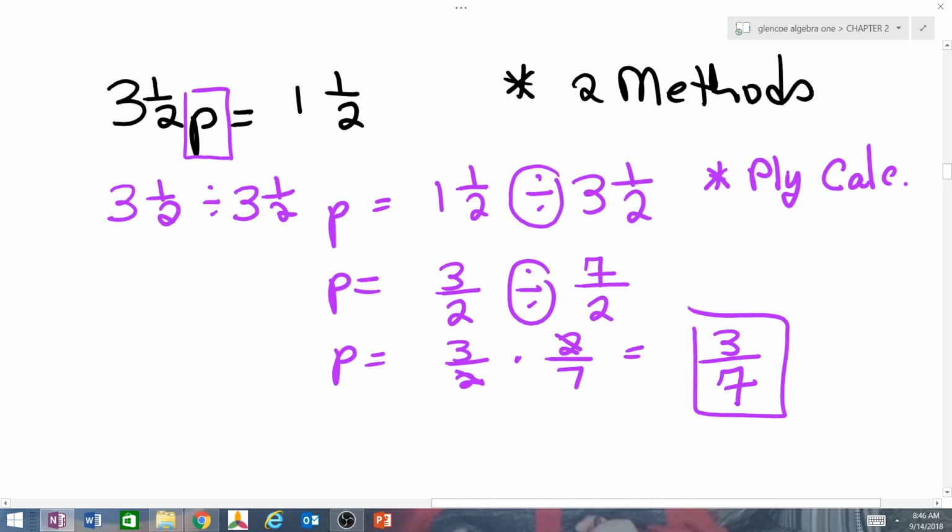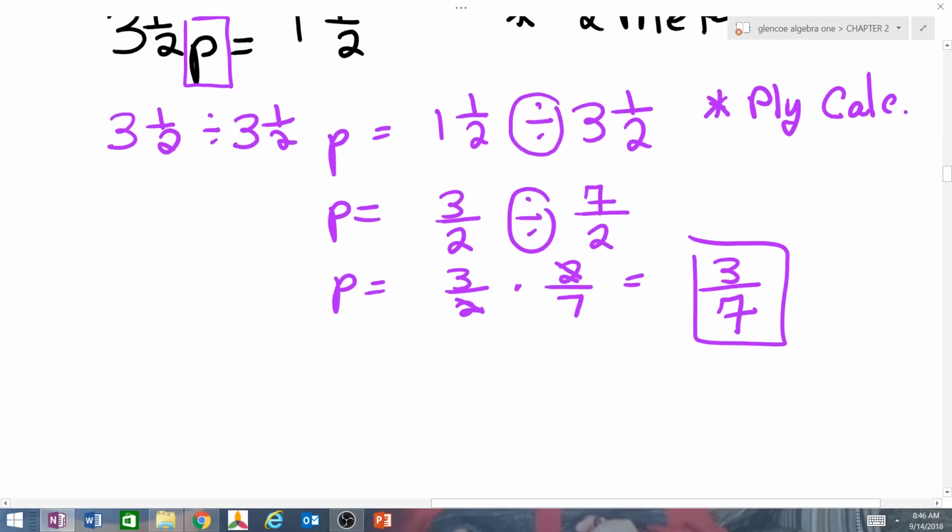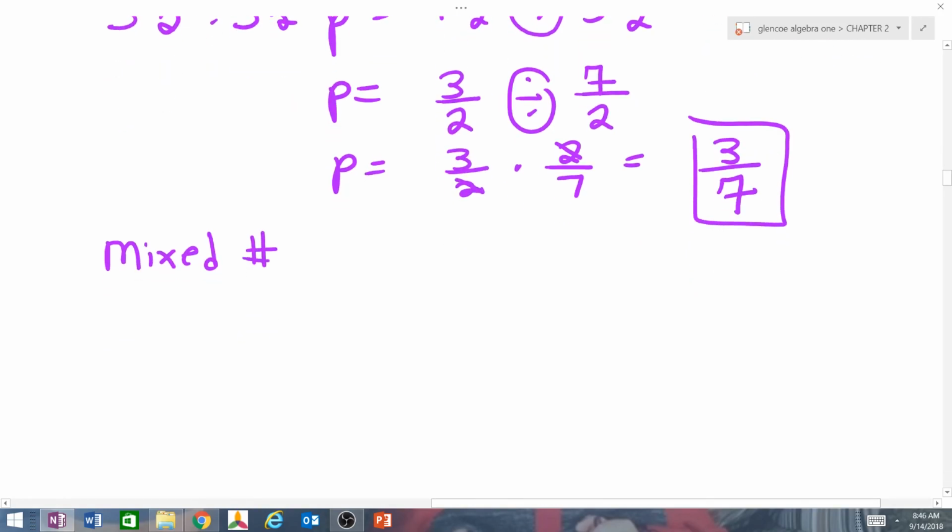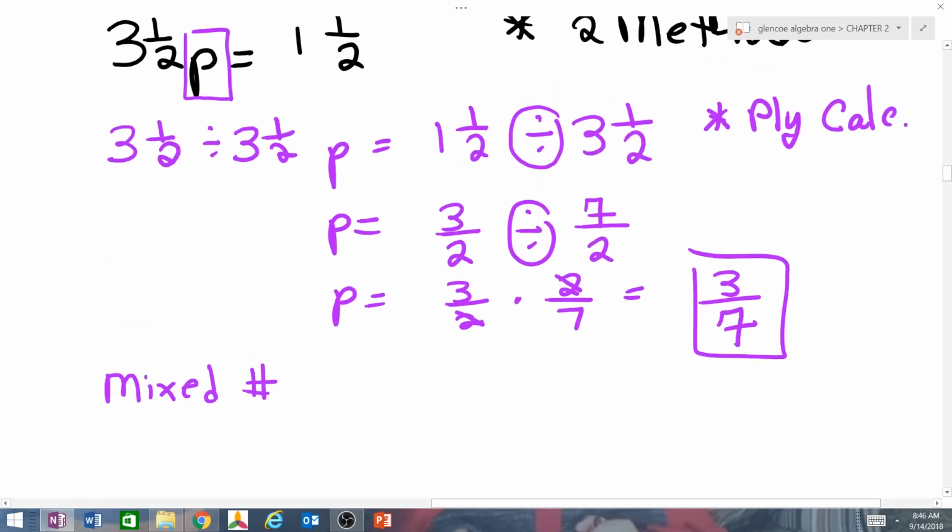Does everyone know how to do that on their calculator? Yes. Okay, so come on up and let me show on your calculator how you would plug in a mixed number. This is for the TI-30X IIS. To do a mixed number on the calculator, we are going to type in 1 and 1/2 divided by 3 and 1/2.